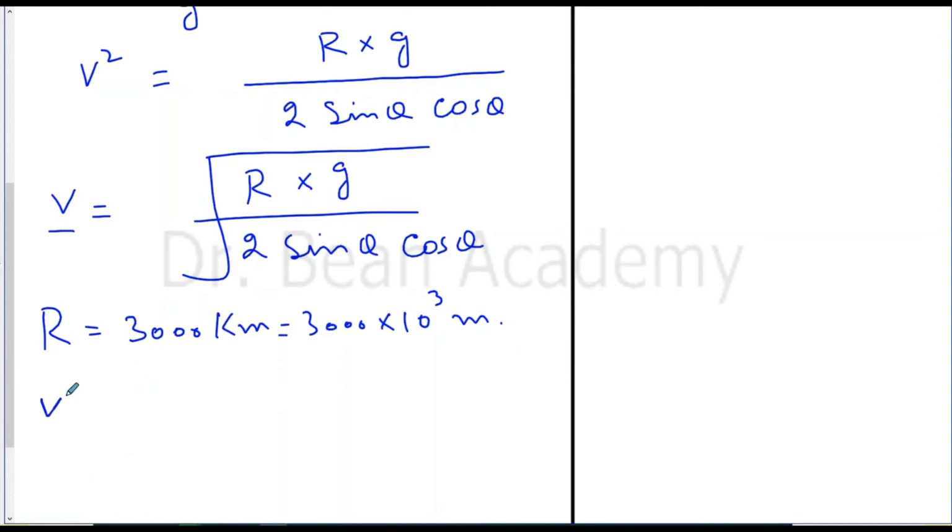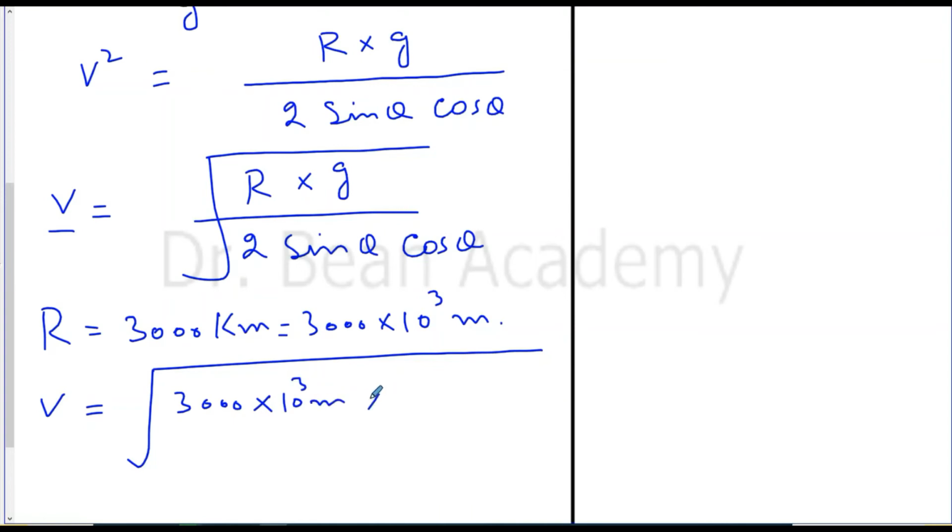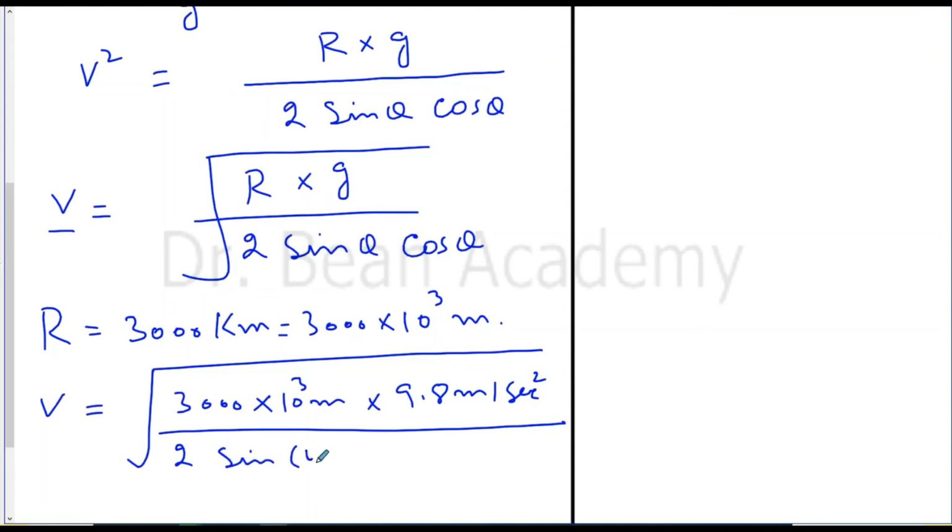So let's get the value of v. I will insert all the values here: meters, 9.8 meter per second squared, and 2 sine of 45 degrees.